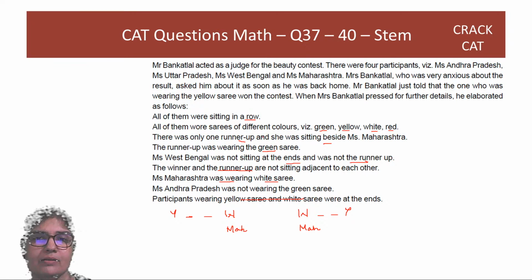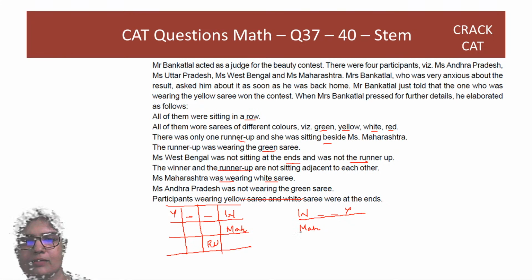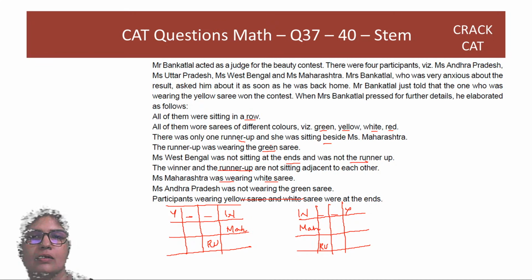Maharashtra के बाजू में there is the runner-up. Okay, so let's keep the first row for colors, the second row for the states, and the third row for the results. So Maharashtra के बाजू में there is the runner-up. यहाँ पे भी we can do the same thing. ये हो गया.